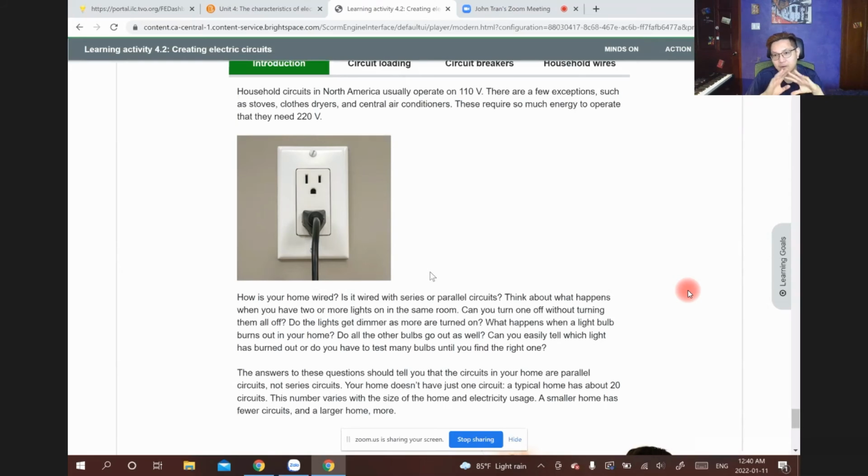So you either turn on all of them or you don't turn any on. That's how series circuits work. But in a parallel circuit, you can choose which one you turn on and which one you don't. That's true. You know why?